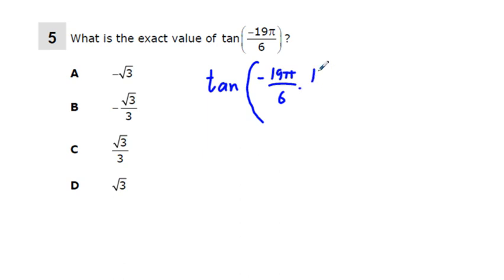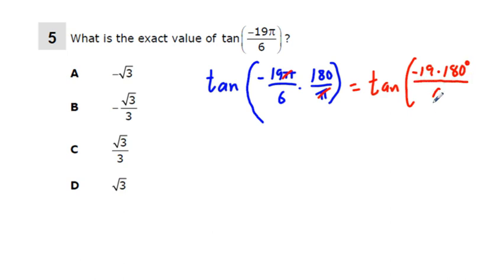And pi over pi will cancel each other. So we're going to have a tangent of negative 19 times 180 degrees over 6.